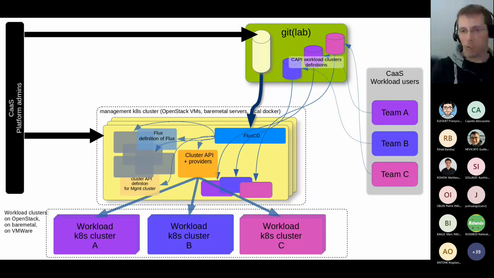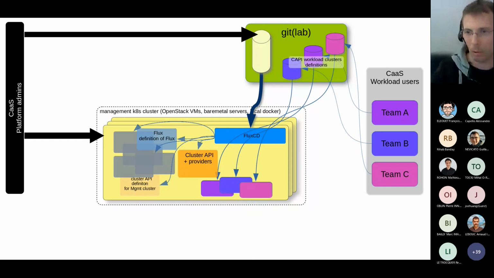So the next thing that is maybe interesting to explain is how we structure the way that we define all the different software components that sit in the management cluster. We had a way to solve a few issues.